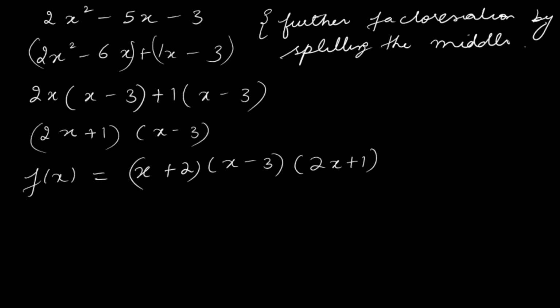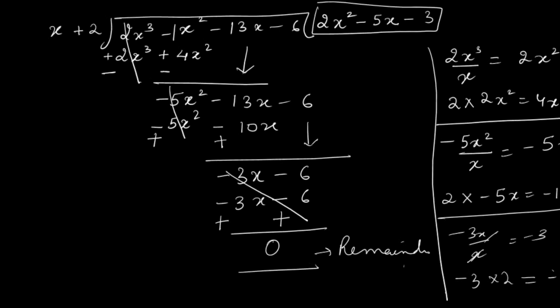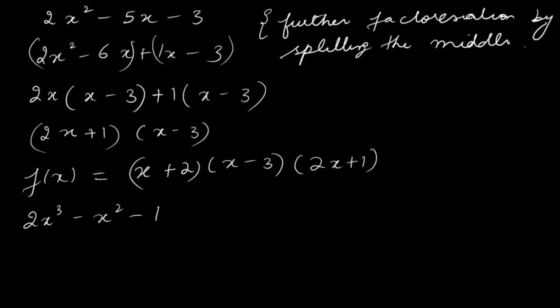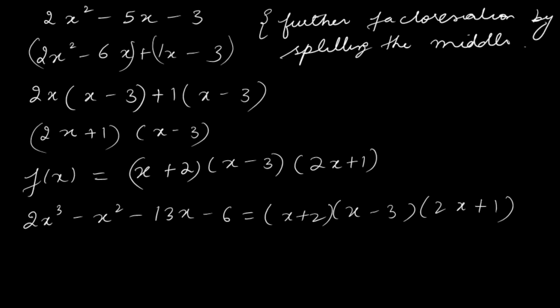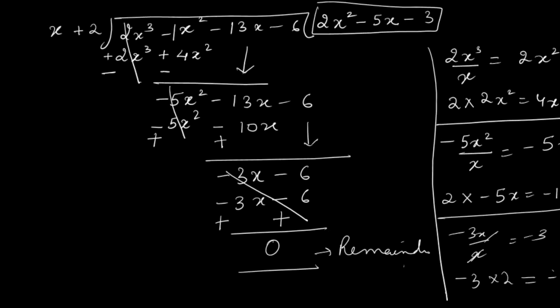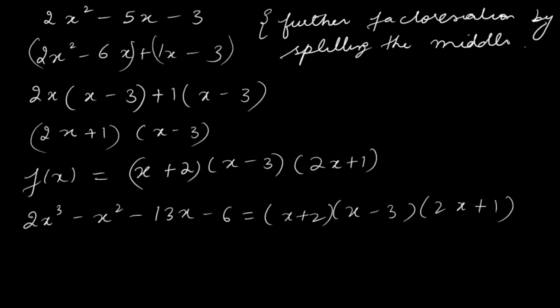Or you can also write the given polynomial 2x cube minus x square minus 13x minus 6 is equal to x plus 2, x minus 3, 2x plus 1. Okay, so we have factorized it completely.